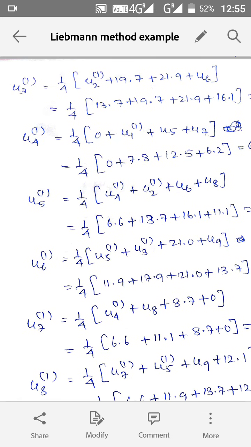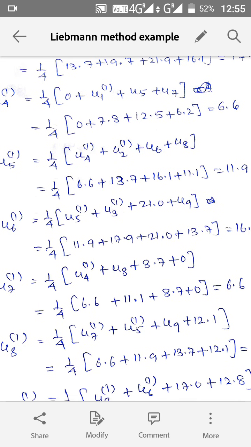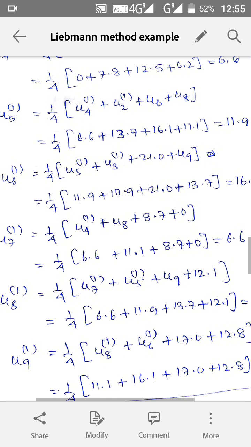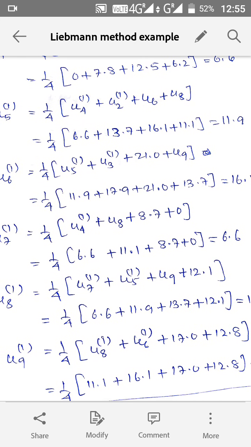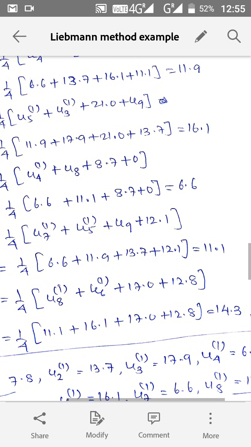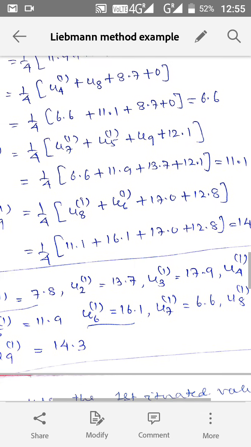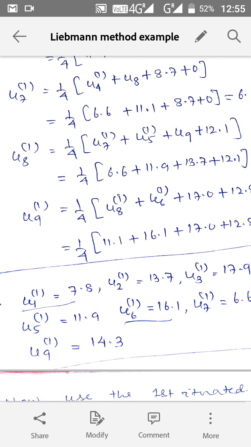Similarly, the first improvement of u7 will be nothing but 6.6. The first improvement of u8 will be nothing but 11.1, and the first improvement of u9 will be nothing but 14.3. So these are the values of the first improvement of u1, u2, u3 and so on, up to u9.